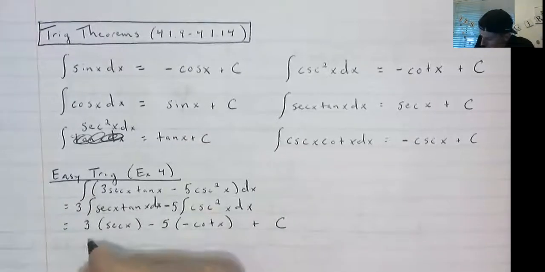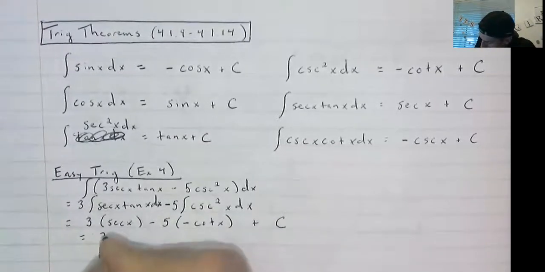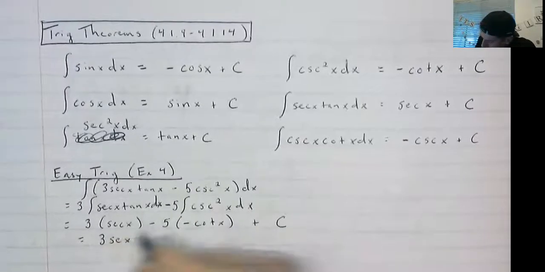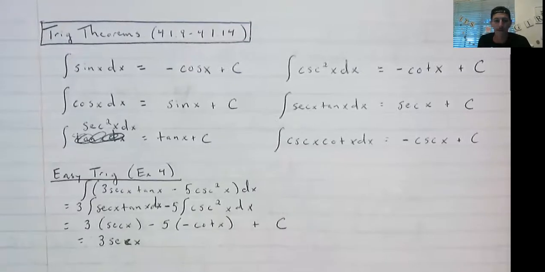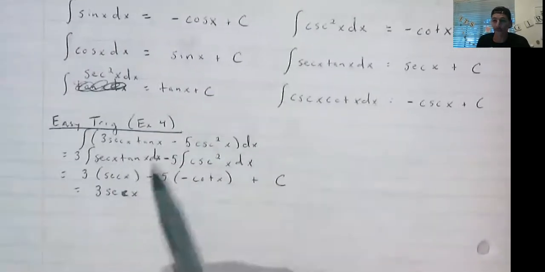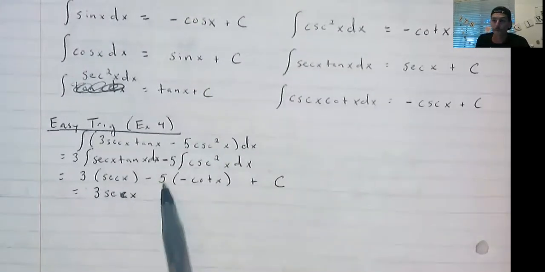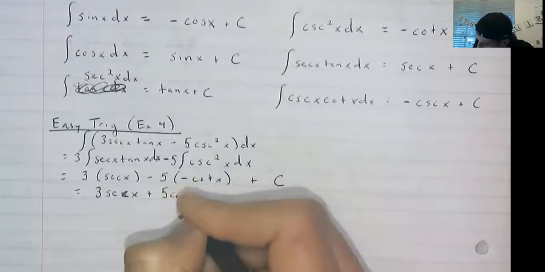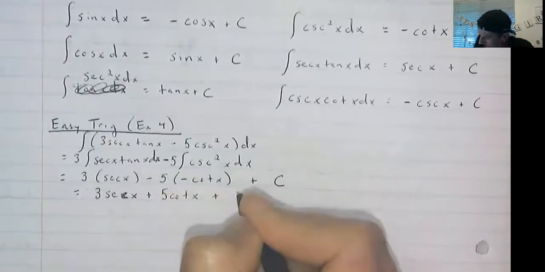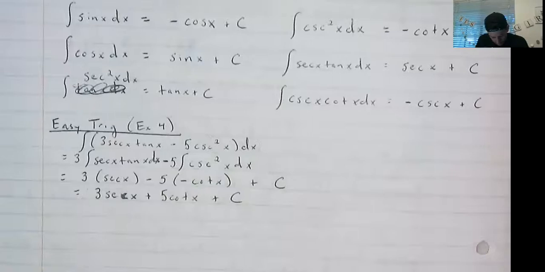And then just simplifying this, we get the antiderivative is 3 times the secant of x. I get nervous every time I'm writing secant of x that it's going to turn into that, and it just happens. So, whoops, secant of x plus 5 cotangent of x plus c. Okay, so not that bad. Easy trig.